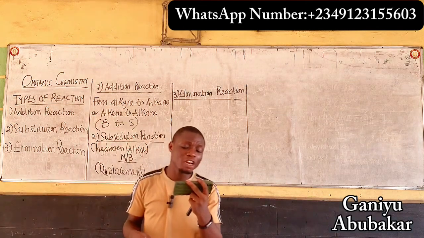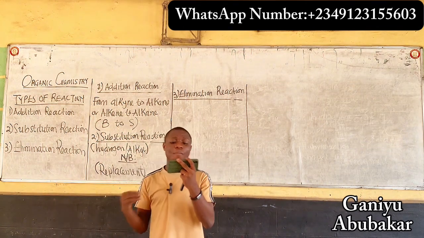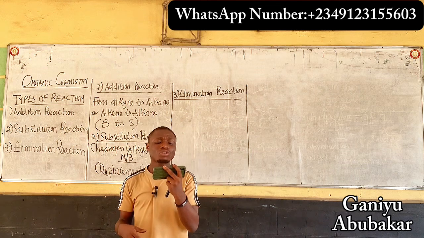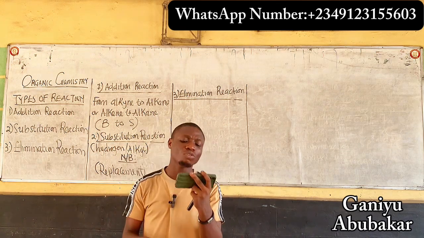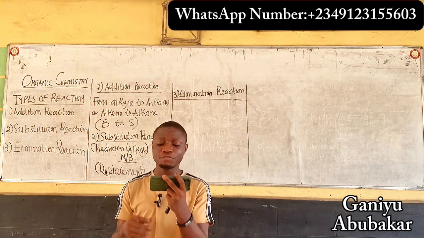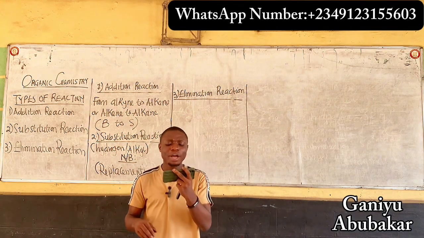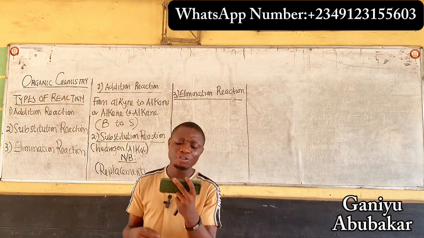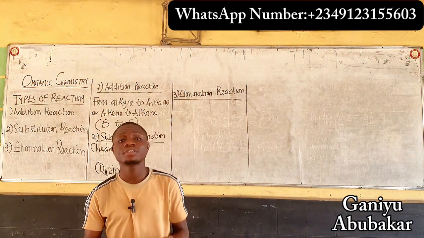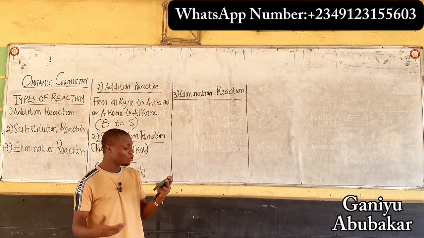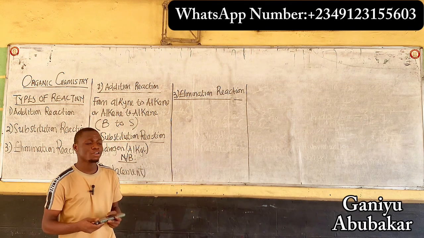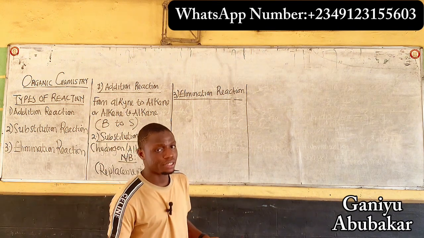So for elimination reaction, one or more substituents are totally removed from the hydrocarbon without replacement. Full stop. This can cause the hydrocarbon to form another homologous series.